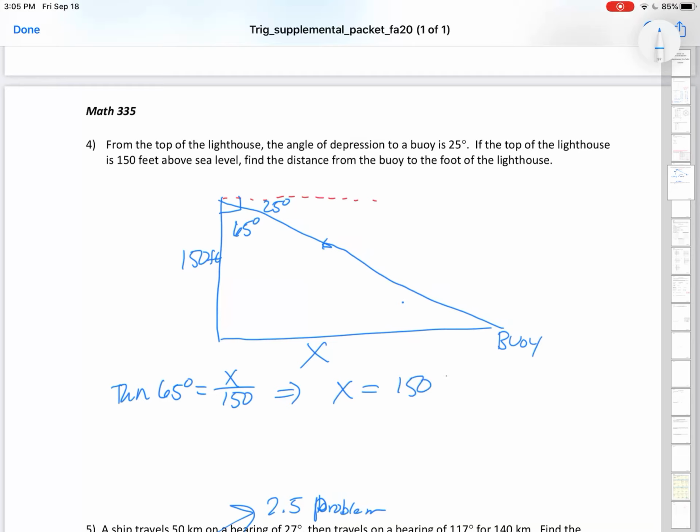X is equal to 150 times tangent of 65 degrees. And what's 150 times the tangent of 65? 321.67. So 321.7, and everything was in feet. That's how far that buoy is from the base of the lighthouse.